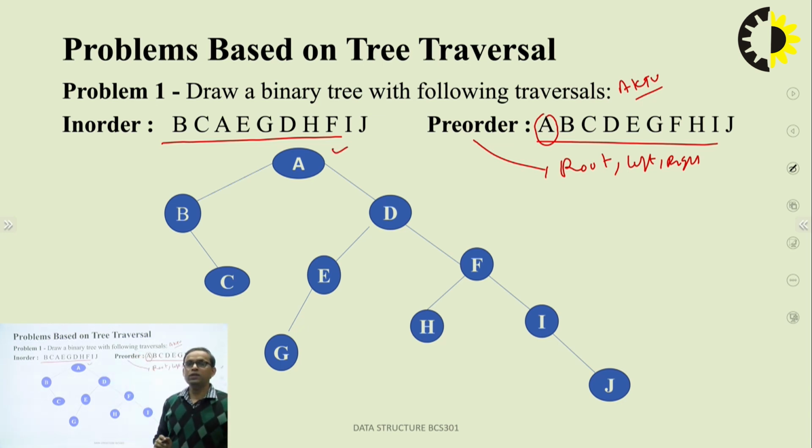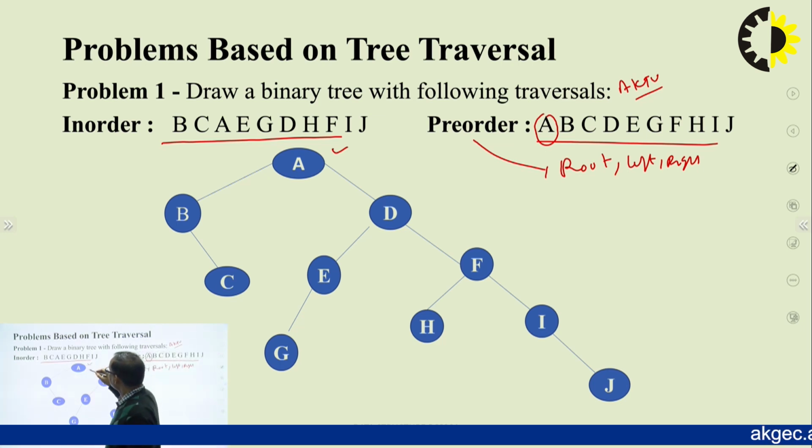Now after this, in the second step, we will see how many elements will be in the left subtree and which elements will be in the right subtree. In order to find the elements which belong to the left subtree of the root node A, we will see the in order sequence.